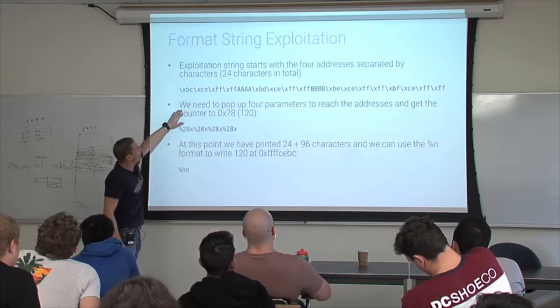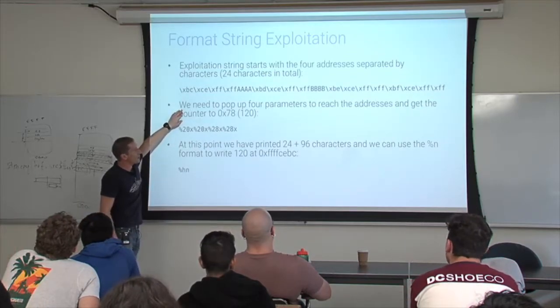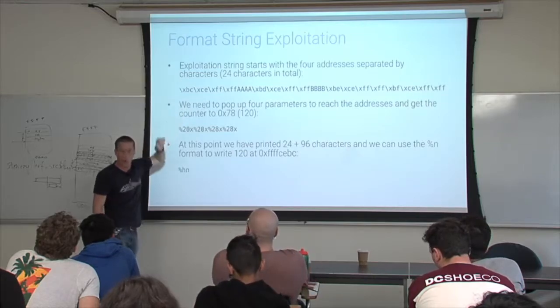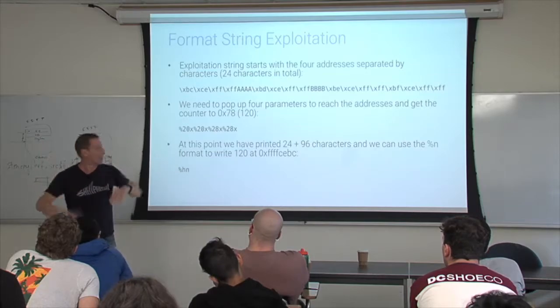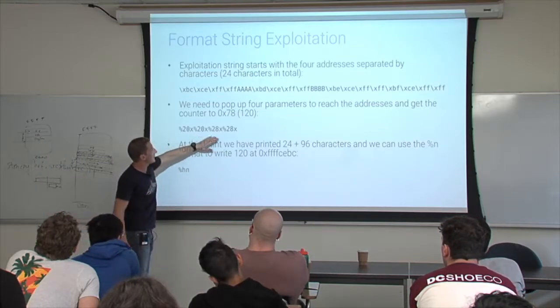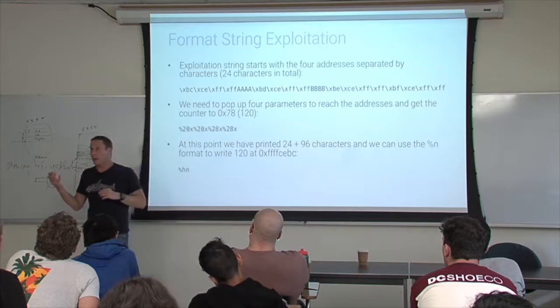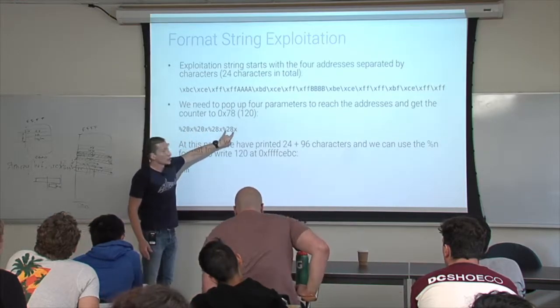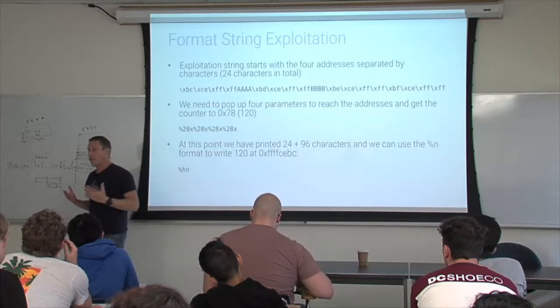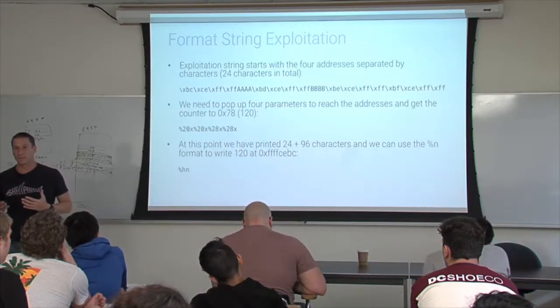So we need to pop 4 parameters to reach the addresses. Remember, there was the 1 and the nil. So we have to just throw that stuff away by writing something. But while we're popping them out, we use this value to get to a short value that ends in 78.